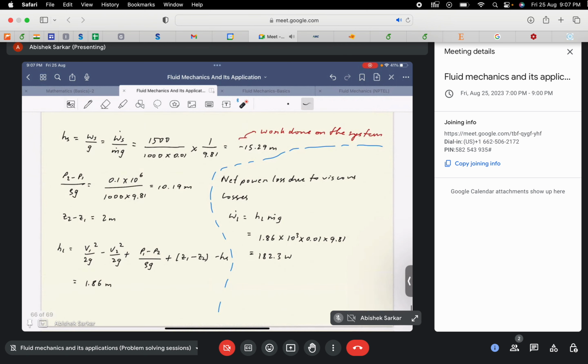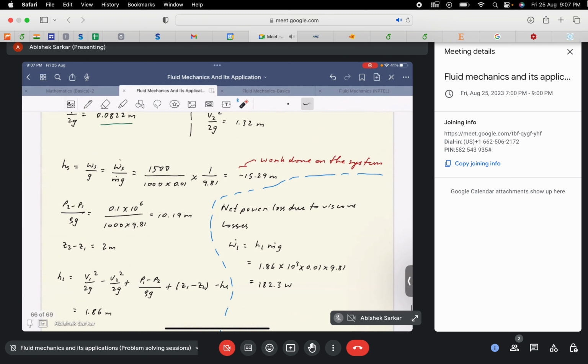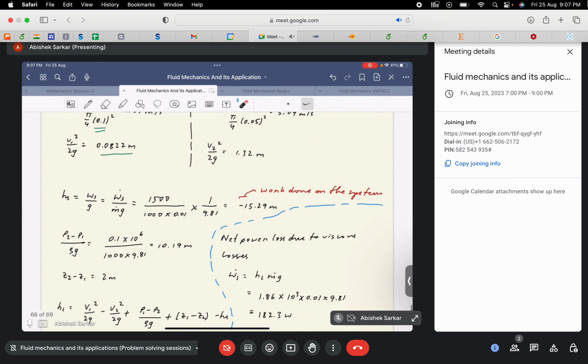So again we need to evaluate HS. HS can be given by H is equal to small ws by g. So small w is again given by capital Ws divided by the mass flow rate, into g. So here again, I'm sorry, this will have a minus sign. So minus, why minus? Because the work is being done on the system, right?